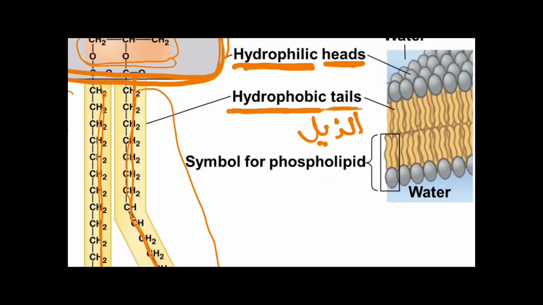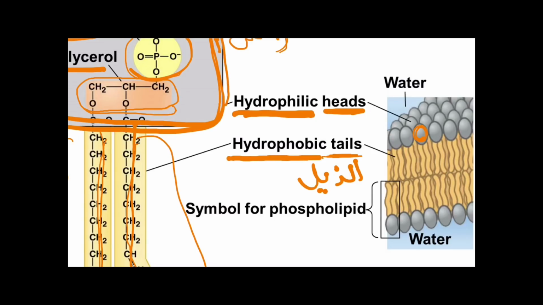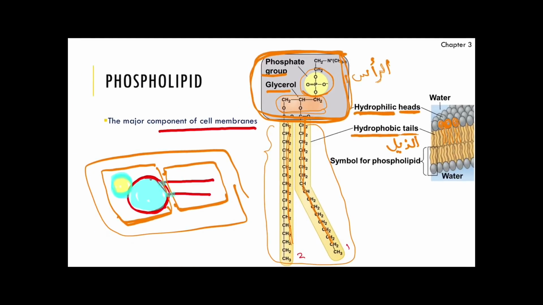If I zoom in on this image, this is the head and these are the fatty acids. So they make up the plasma membrane as we've just explained. فالغشاء الخلوي يتكون من طبقتين, 2 layers of phospholipids.